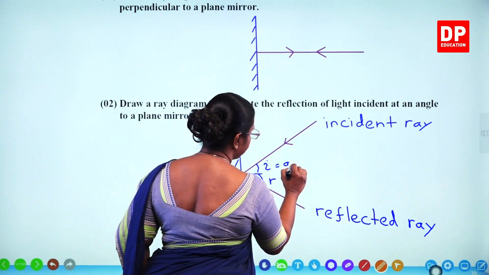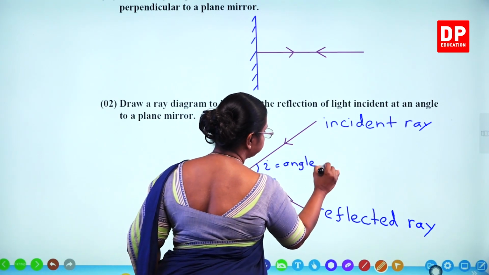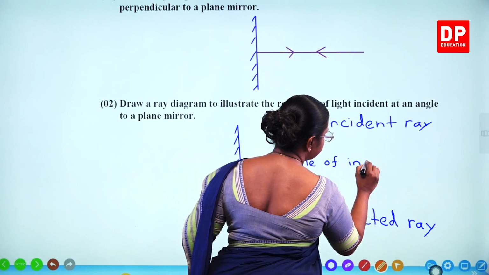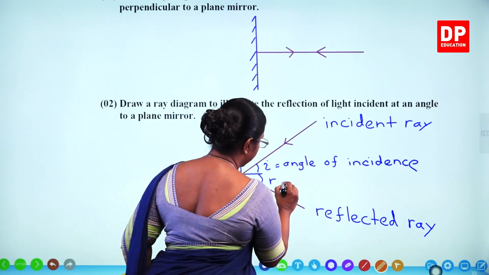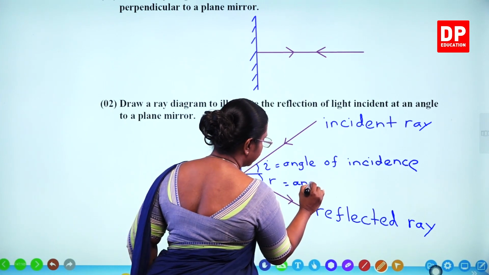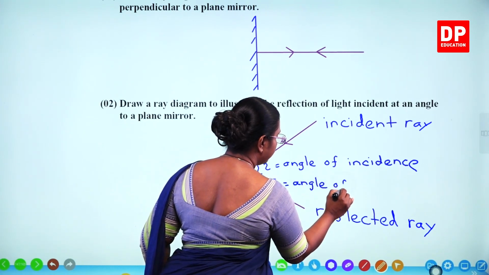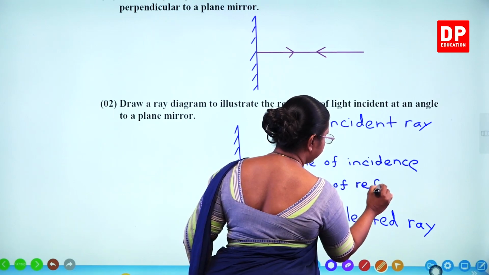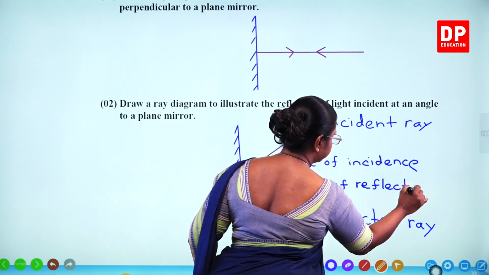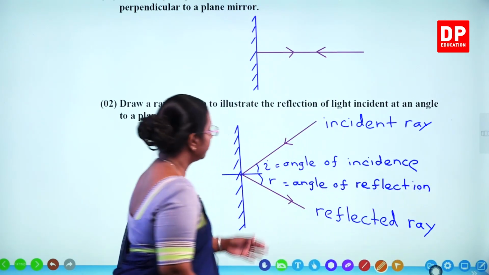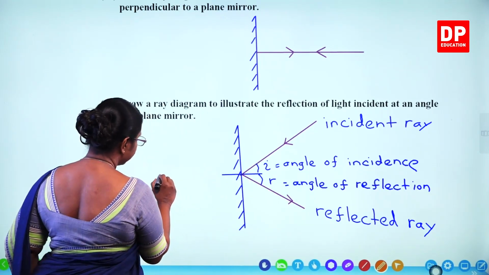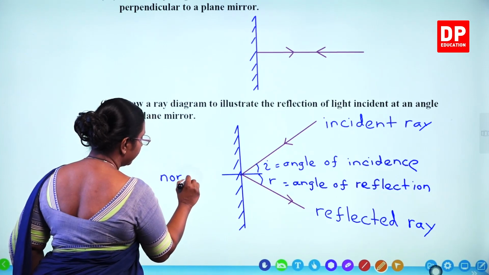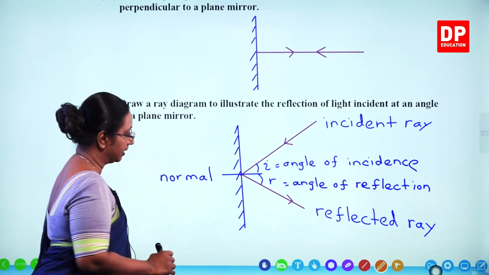So this is angle of incidence and R is angle of reflection. And you know both of them are equal. And what is this? This is the normal line or normal.